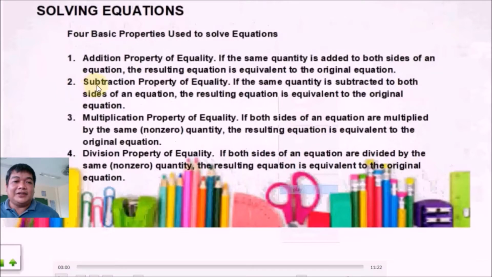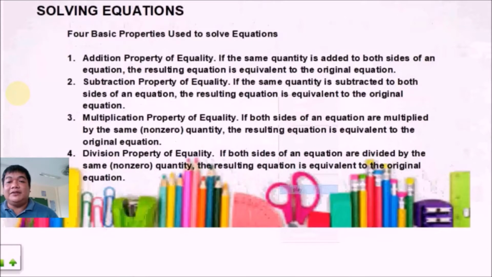Second, we have the subtraction property of equality. If the same quantity is subtracted from both sides of an equation, the resulting equation is equivalent to the original equation.